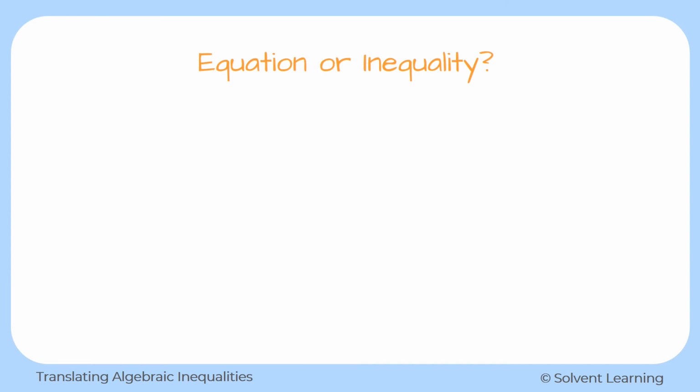So how do we know when we're going to translate our word problem into an equation or an inequality? Because remember, the word is can be used in either situation. So let's look at some examples to help us sort this out. 10 is the difference of a number and 2. Let's focus on the part of the sentence that has the word is.